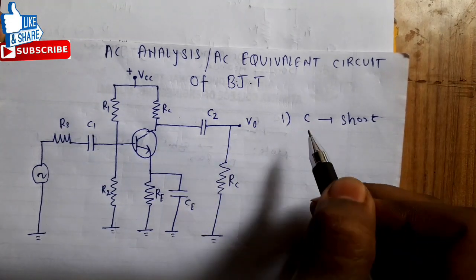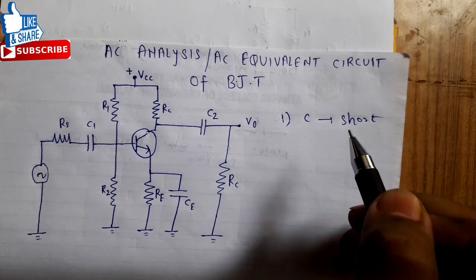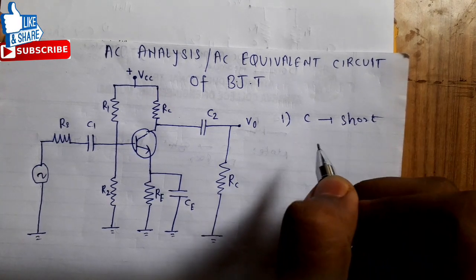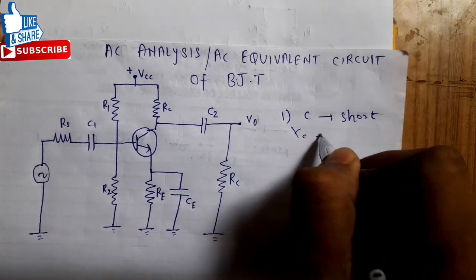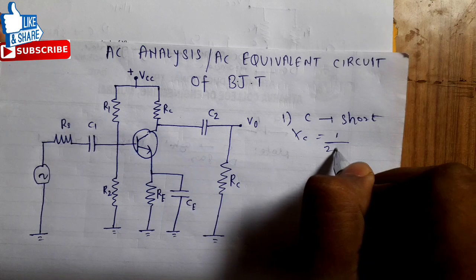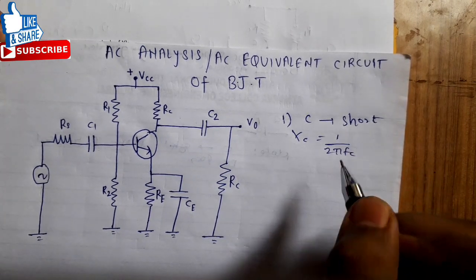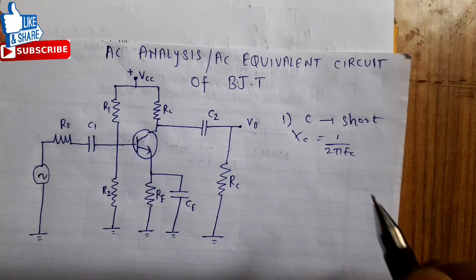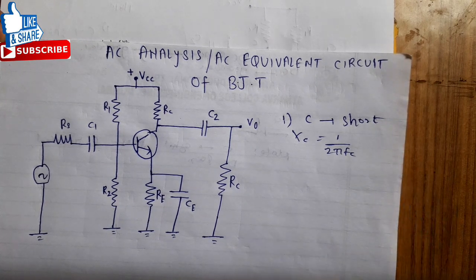But in case of AC analysis, we are doing a short. Why are we doing a short circuit? Because there is a reason behind it. The reactance offered by these coupling capacitors is Xc equals 1 upon 2 pi f C. In India, the frequency is 50 Hz. Whenever we are talking about AC, we always deal with frequency.